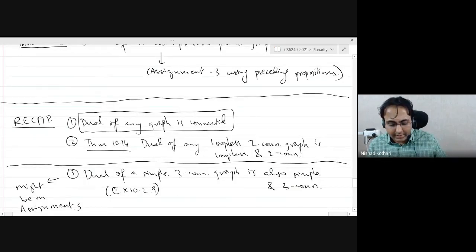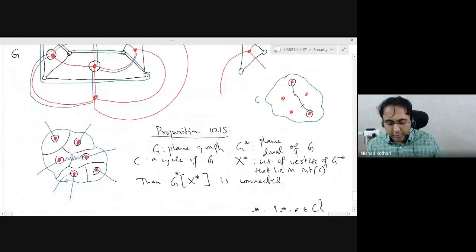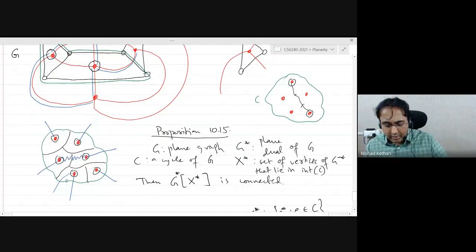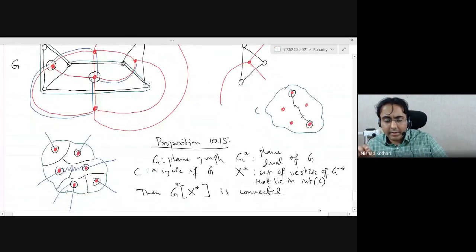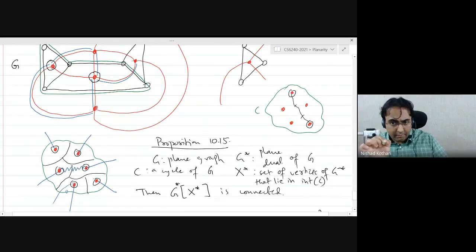So this exact same argument is used to prove this proposition. I won't write down the formal rigorous argument here. But the idea is, you know that there is an arc joining the two red points, and this arc will have to go through some face boundaries because they correspond to two different faces. This gives you a walk in the dual graph joining the two red vertices, and if you have a walk, then you have a path joining them.